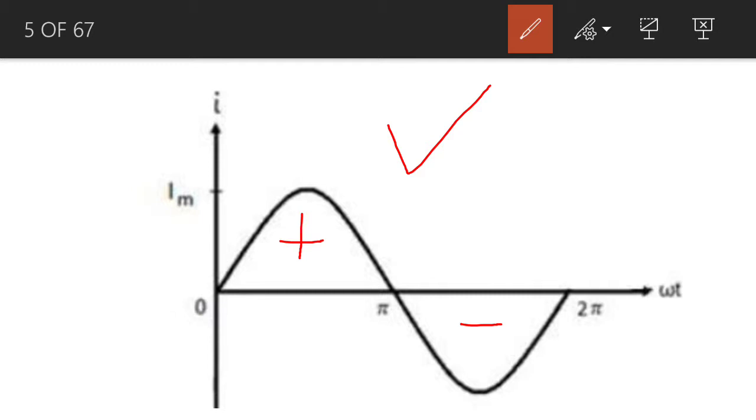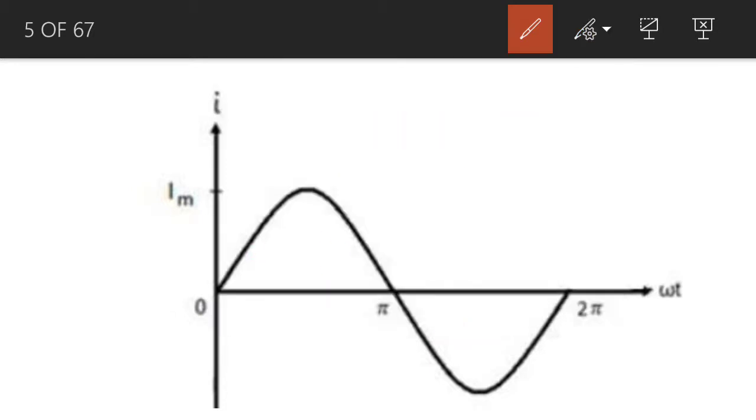We know the magnitude as well as the direction of this current changes with respect to time. So if this is the direction of the current during the positive half cycle, then this will be the direction of the current in the negative half cycle.